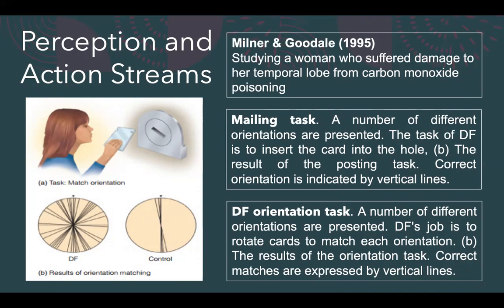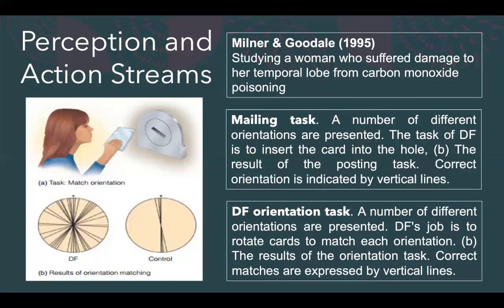Each line indicates how DF adjusted the card orientation, and you can see that many times she failed. The right circle here shows the accurate performance of the normal controls.